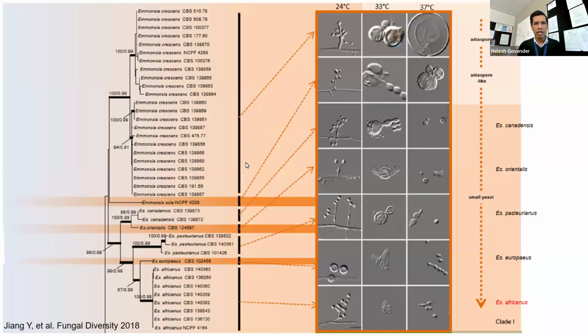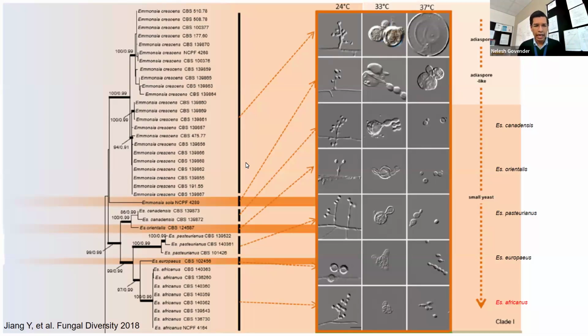Within the Emergomyces genus, there was an initial separation of Emmonsia crescens from the other Emergomyces species. There were originally 5 Emergomyces species: Canadensis, Orientalis, Pasteurianus, Europaeus, and Africanus. Then Emmonsia crescens was kept separate.